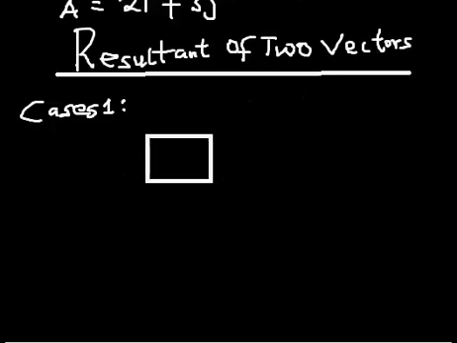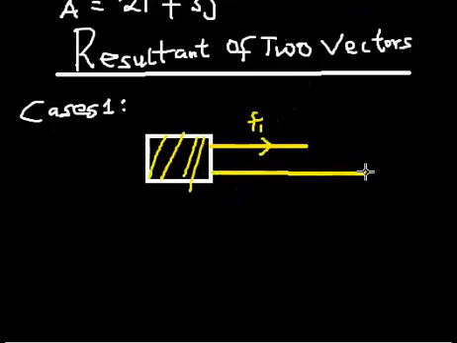If I have a beam, and I have two forces pulling on this beam in the same direction, I call the first force F1, then the second force I call F2.